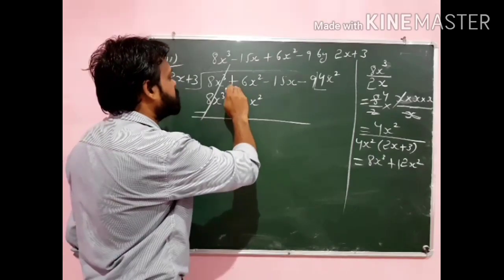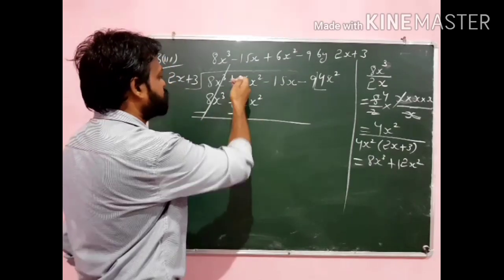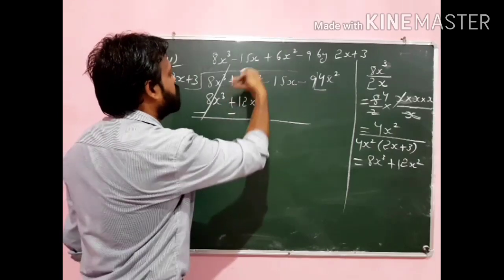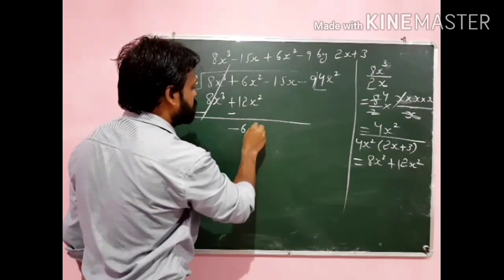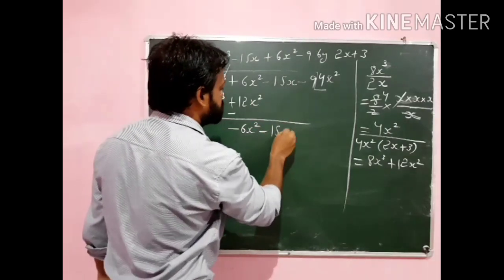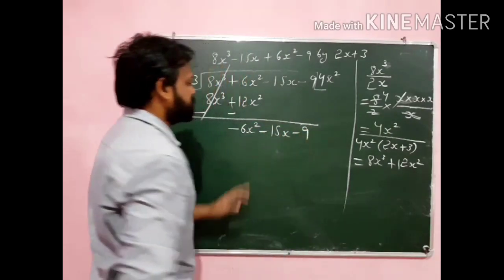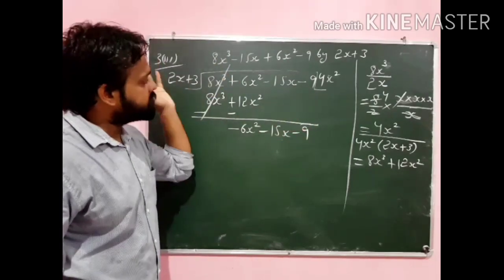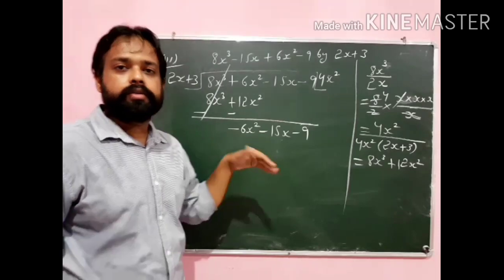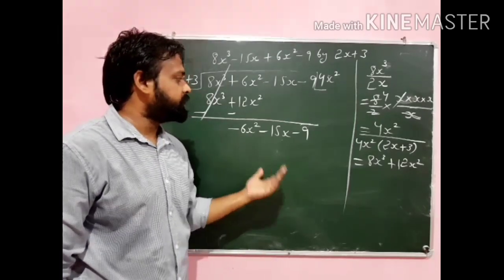It will become plus 6x square minus 12x square. So plus 6 minus 12 becomes minus 6x square. Write down the next terms as they are: minus 6x square minus 15x minus 9. So this step is over. This is the first step. I hope it is clear to you.